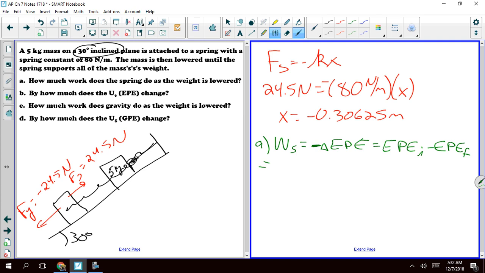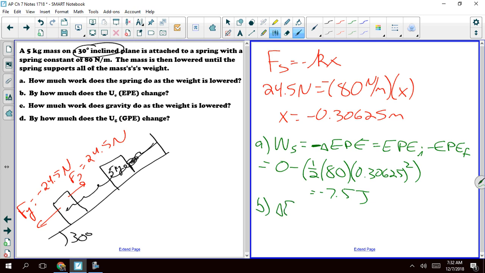So our elastic potential energy initially is 0 minus the final, which is 1/2 times 80 times 0.30625 squared. Multiply this all out and it gives you negative 7.5 joules. So that's part A, which means part B, the change in elastic potential energy, is positive 7.5 joules.